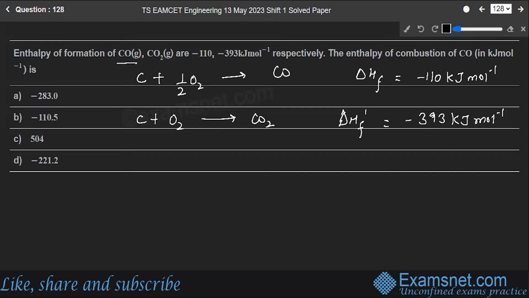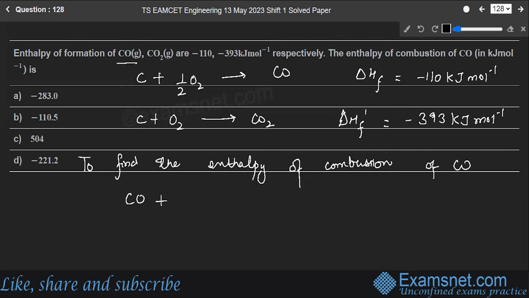To find the enthalpy of combustion of carbon monoxide, you have carbon monoxide plus half oxygen, which gives you carbon dioxide. So what is the enthalpy change for this?